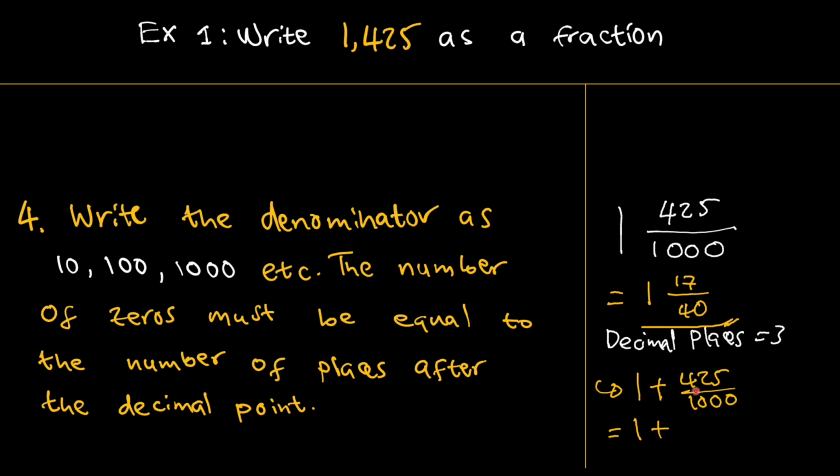So this whole thing will be 0.425. What is the answer? So the answer is 1.425. Now, you see, this goes back to what you have here. So this 1.425 is the same as 1.425. Okay, so that means this is correct.